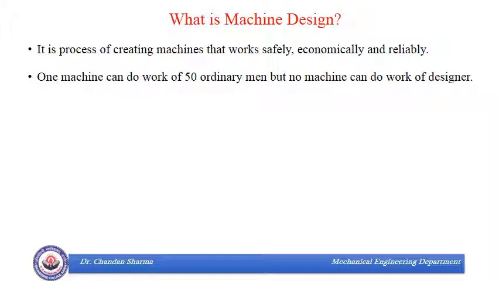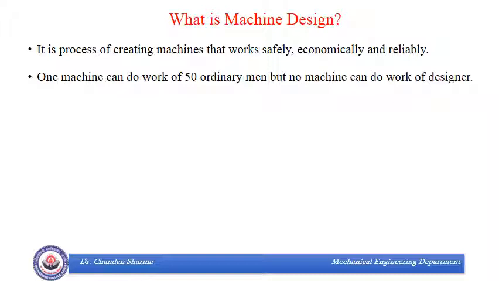If we want to define what is machine design, we can say that it is a process by which machines are created that work safely, economically, and reliably.